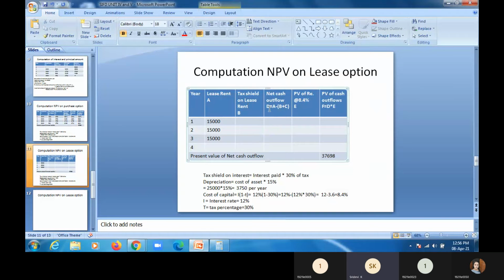Cash outflow, you name this as C column. A minus B you have to pay.